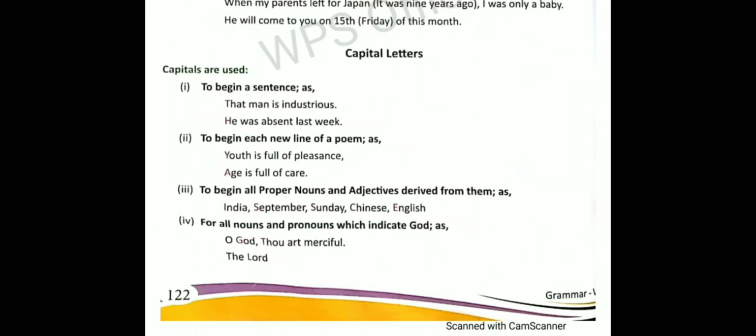Many of you make mistakes while checking, I came to know this time also, but keep this in mind: whenever you change the line of a poem, not the next stanza, I'm telling about the changing of line, you will always start with a capital letter. All right, the third one: to begin all proper nouns and adjectives.